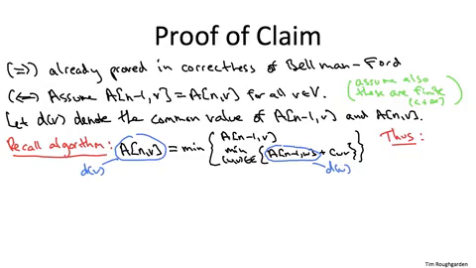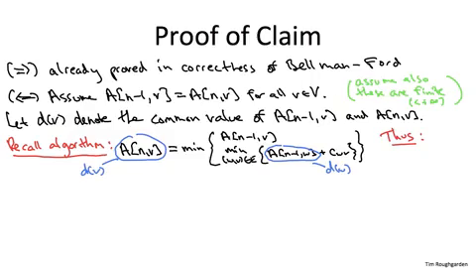Now, because the left-hand side of this equation is a minimum over a bunch of candidates on the right-hand side, if we zoom in on any one candidate on the right-hand side, so any choice of this last hop (w,v), we get something which is at least as big as the left-hand side. Again, the left-hand side is the smallest of all of the candidates.